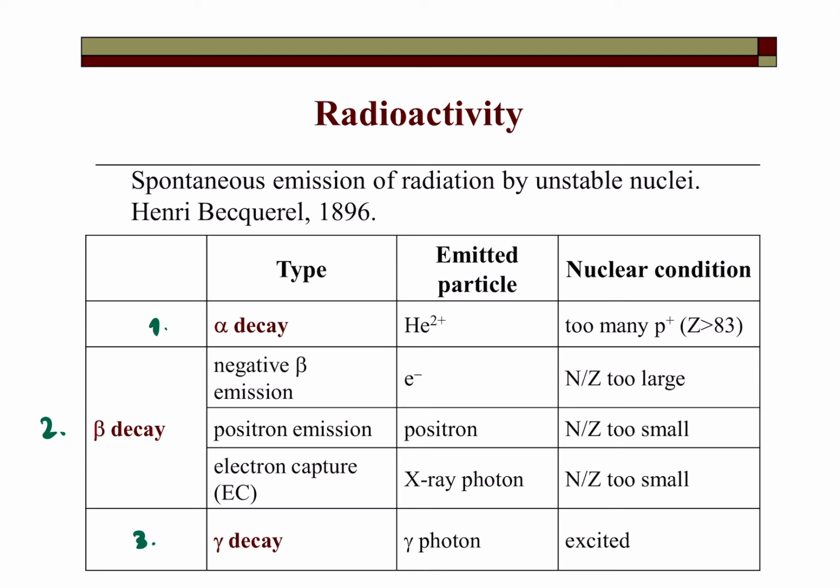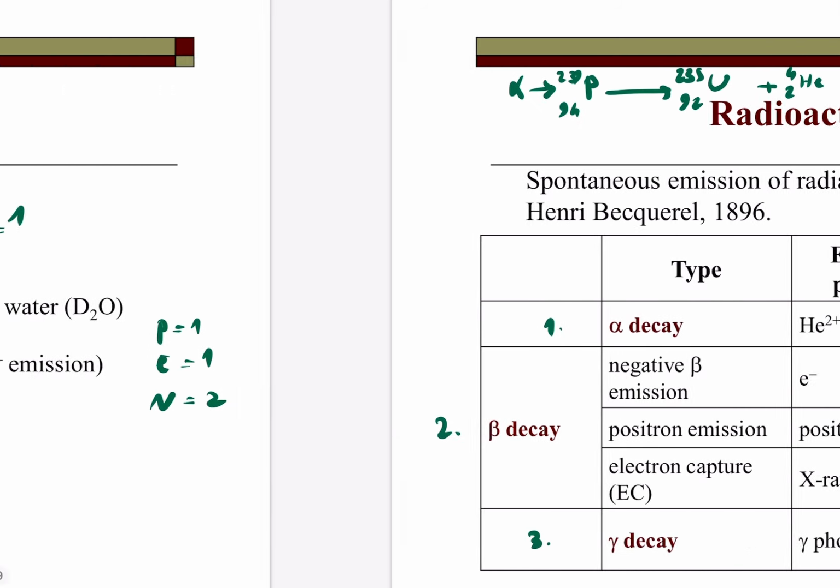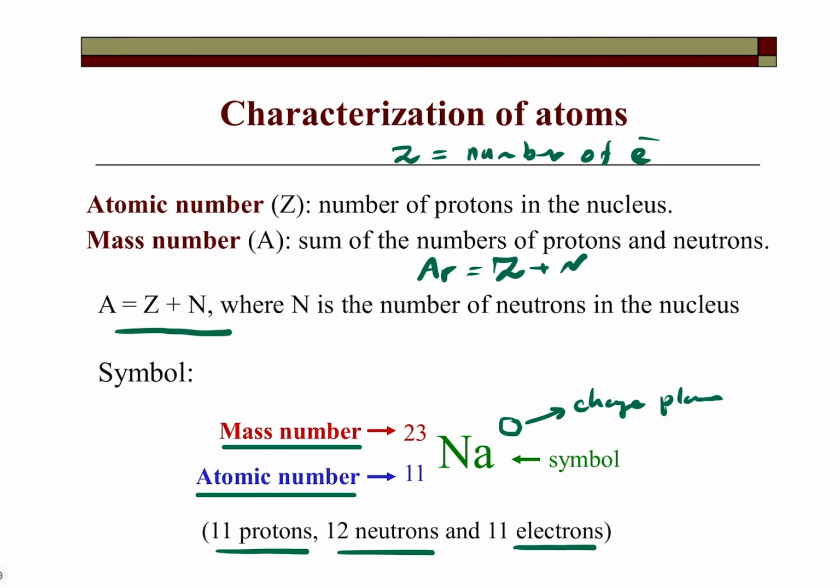For polonium, if you see here, for the alpha, polonium has 239 and 94, and it changes to uranium, 235 and 92, plus helium, which is 4 and 2. Then I can say element X with R and Z. If you see here, as I explained, R is always on the top.